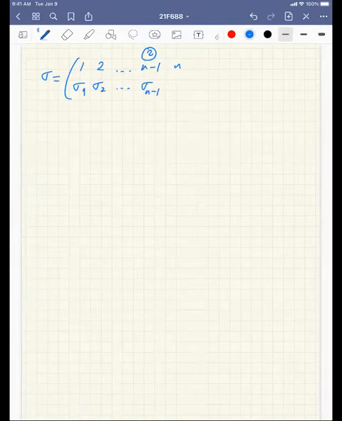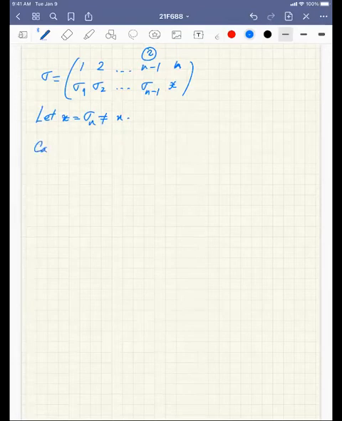So let's call the entry in the position n, let's call this entry x. So x denotes sigma n, which is different from n. Okay. Now, we're going to have two possible situations. So we're going to have case 1.